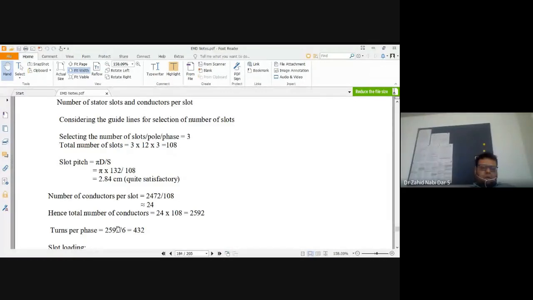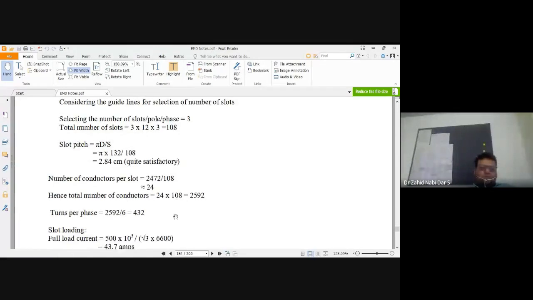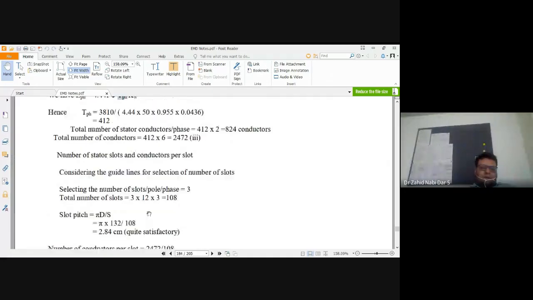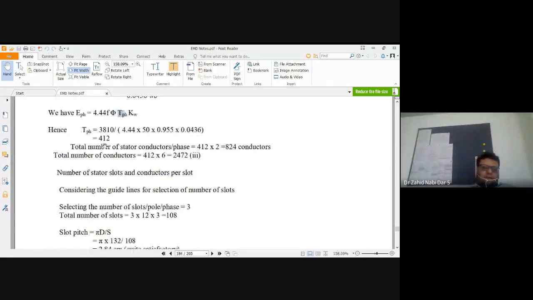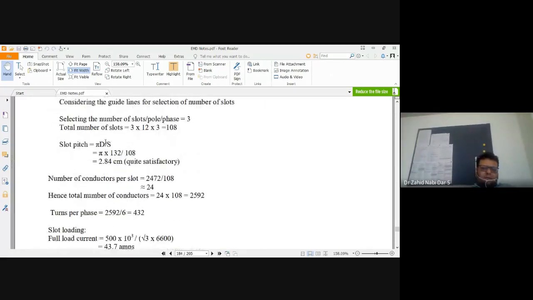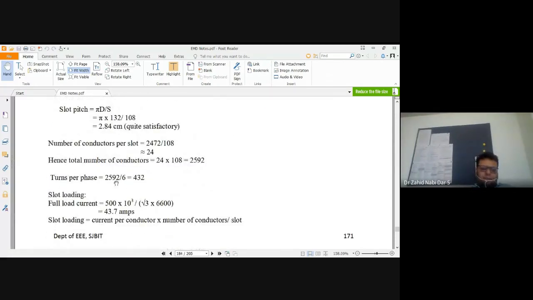So if we see the total number of conductors, that is 24 into 108, which gives around 2592. And if we want one turn, this 2592 we can divide by 6, and it will come around 432. So here also we have calculated; this is one way of calculation and this is another way of calculation for the design purpose. So it is almost near to it.